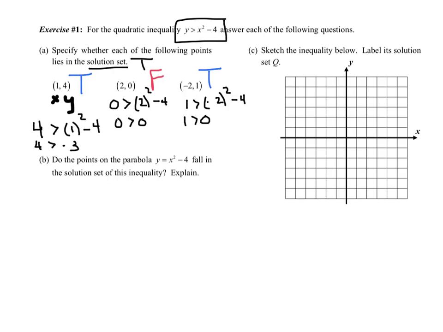B. Do the points on the parabola y equals x squared minus 4 fall in the solution set of the inequality? All right, now let's think about that. Do the points that actually lie on the parabola fall into this inequality? Well, are the points equal to that inequality? That's what I'm looking at. If I see this symbol, does that mean equal to? I want to say no. Remember, this means greater than.